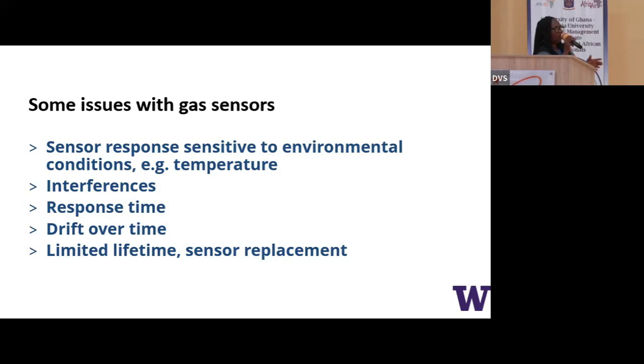You also have a lot of interferences, slow response time, drift over time, and limited lifetime. For gaseous sensors, you will have to keep replacing them. For instance, in an experience I had with the air quality egg, the PM sensors were still working, but the gaseous sensors started showing very funny results. We found out that we needed to replace them before it started working well. So it has a short life span. Next one.